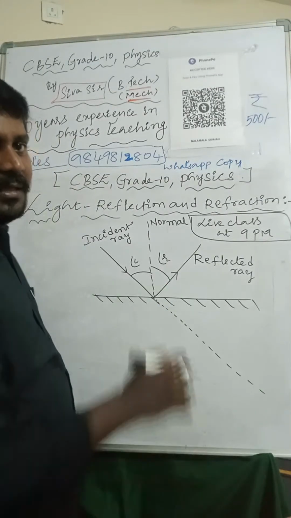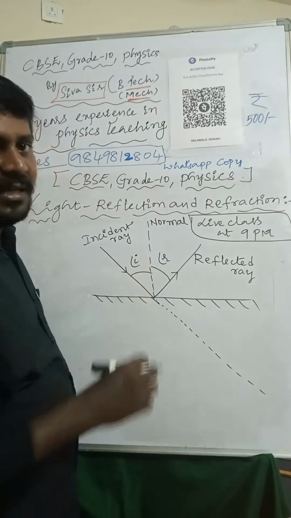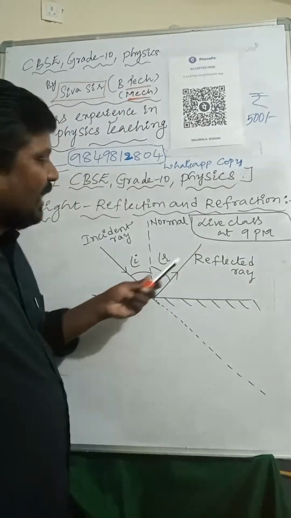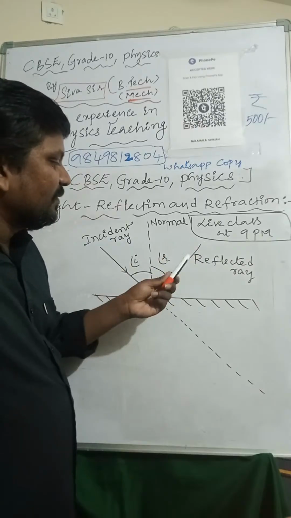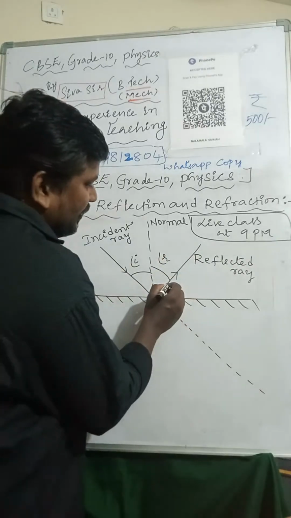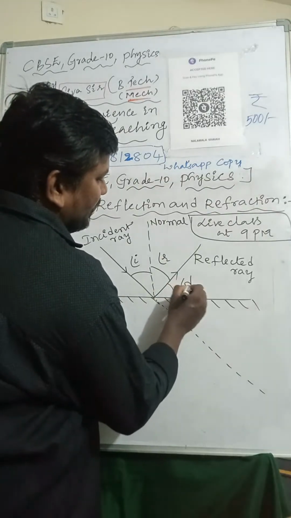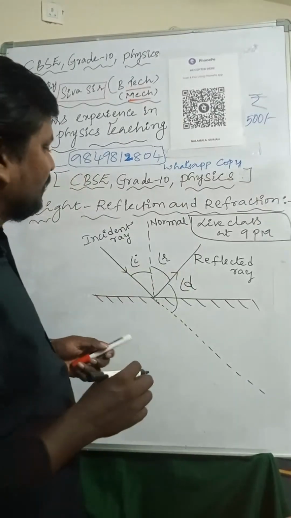The angle between the reflected ray and the normal line is called the angle of reflection. The angle between the reflected ray and the undeviated line is called the angle of deviation.